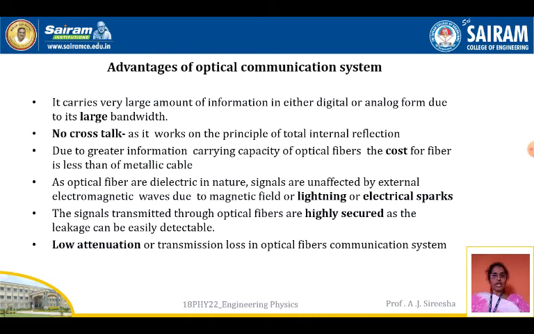There is no crosstalk, as it works on the principle of total internal reflection. Since the voice has been converted into a light signal, there will be no crosstalk because it undergoes total internal reflection. Due to the greater information carrying capacity of an optical fiber, the cost of the fiber is less than that of a metallic fiber.